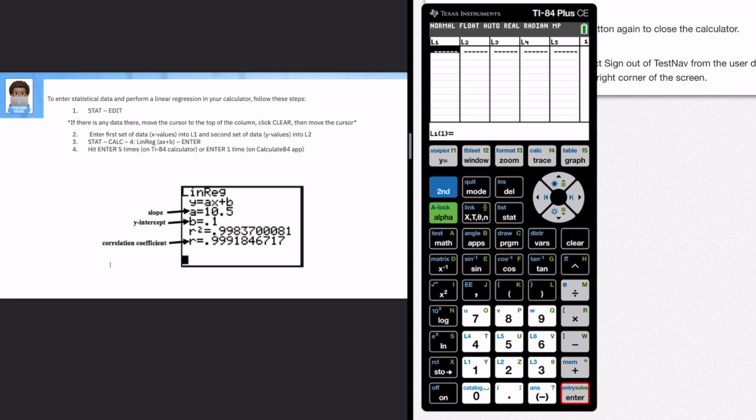If I needed to write this as an equation, y equals mx plus b, we'd have everything we need: y equals 10.5x plus 0.1. So that's what we want. Looking at the correlation coefficient, R is equal to 0.999. So it's very, very close to approaching 1, which would make this a stronger correlation.